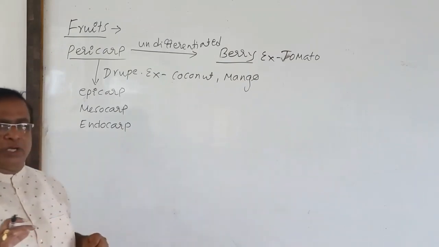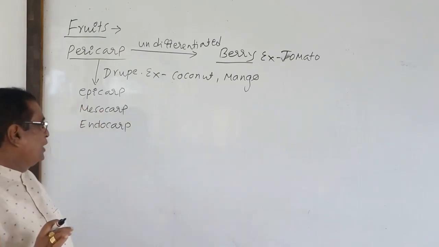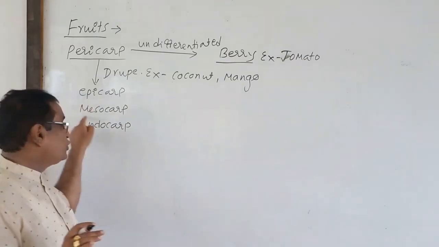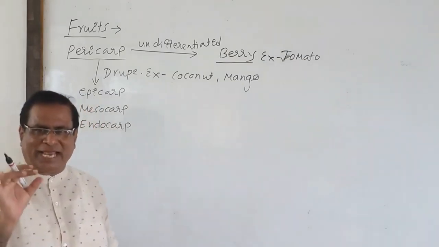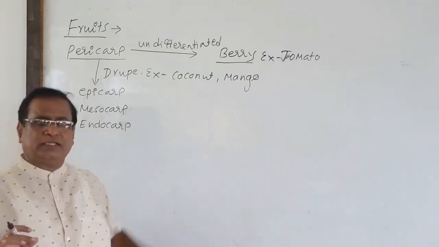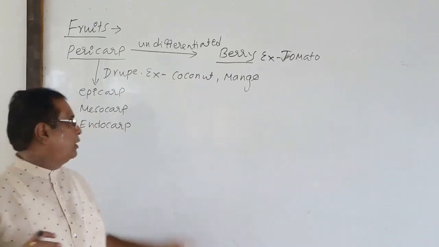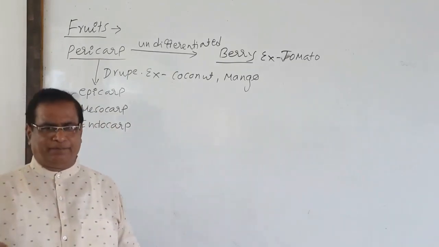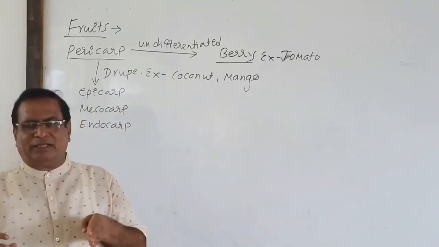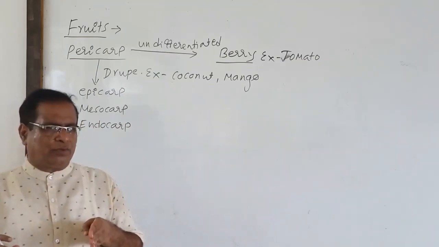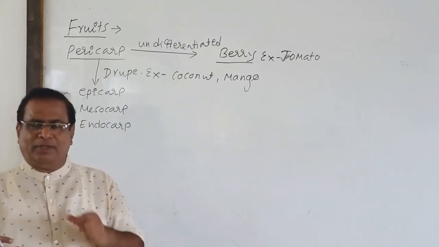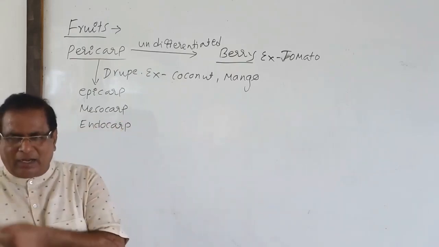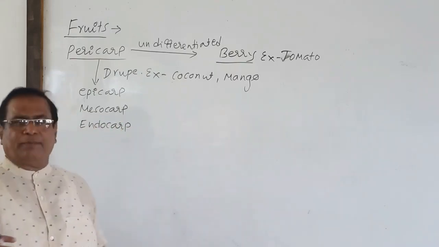In the drupe mango, which part is edible? The mesocarp, which is fibrous and juicy. In the case of coconut, all these three parts are there, but they are not edible. The yellowish green thin covering on the coconut fruit is the epicarp, then a dry fibrous mesocarp, and the hard part inside is the endocarp.